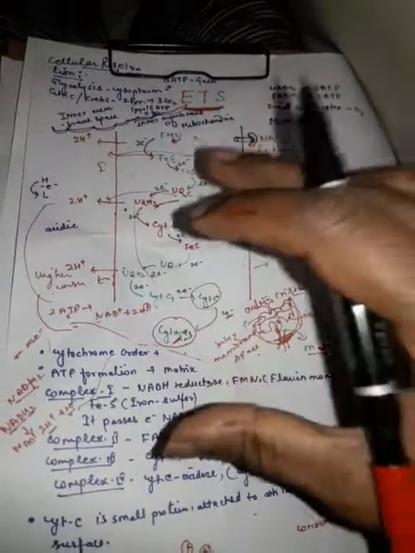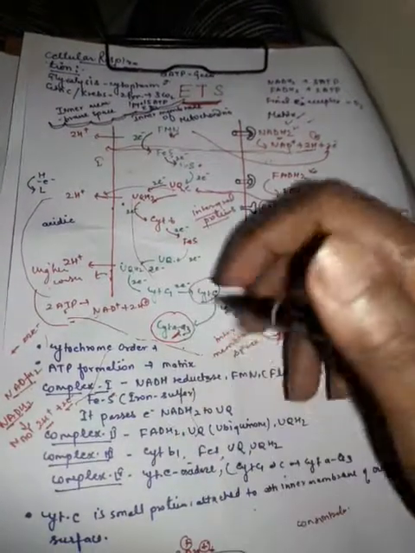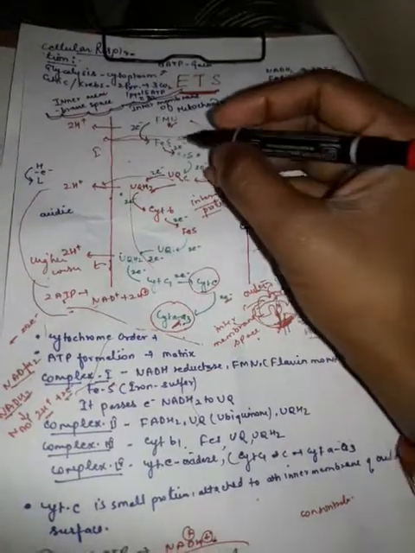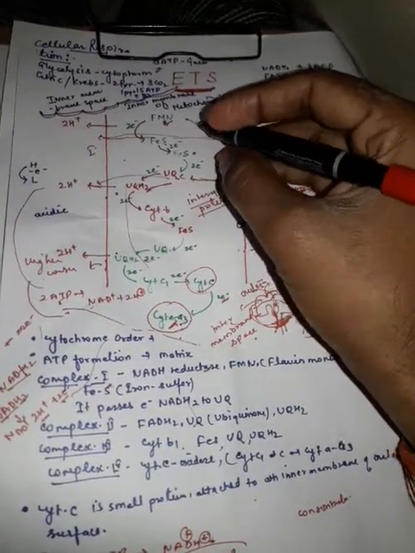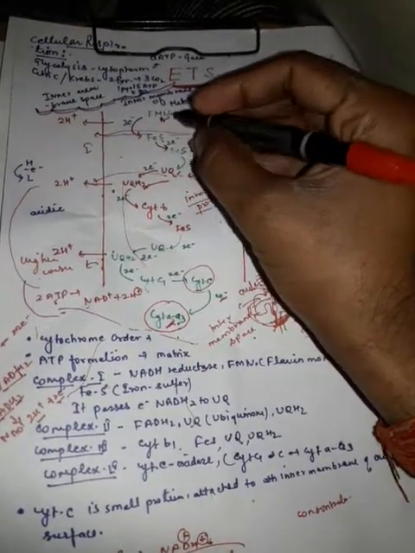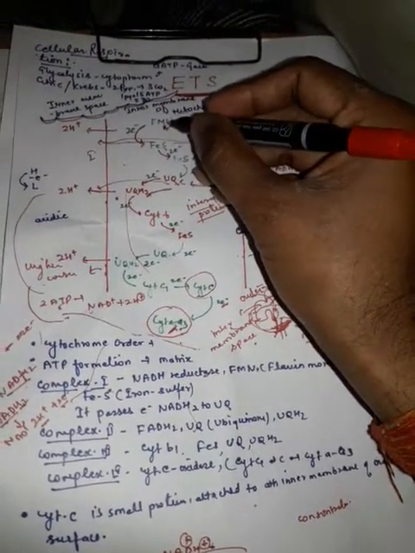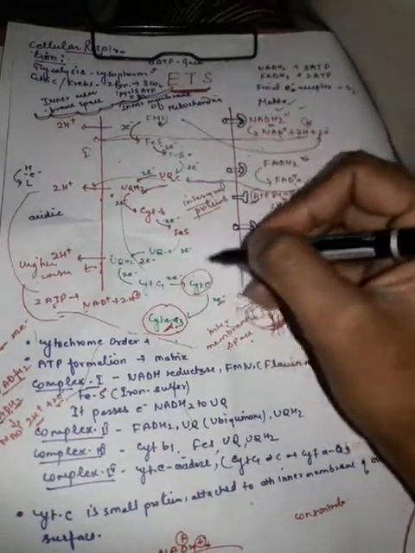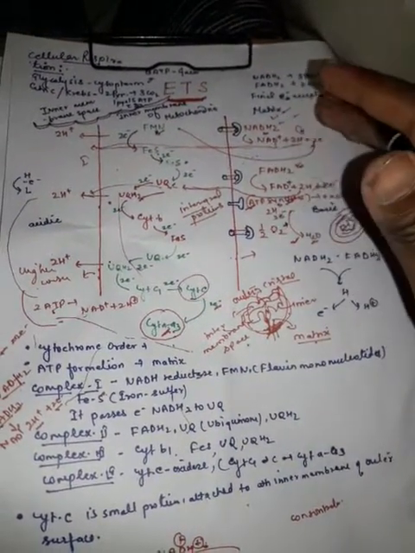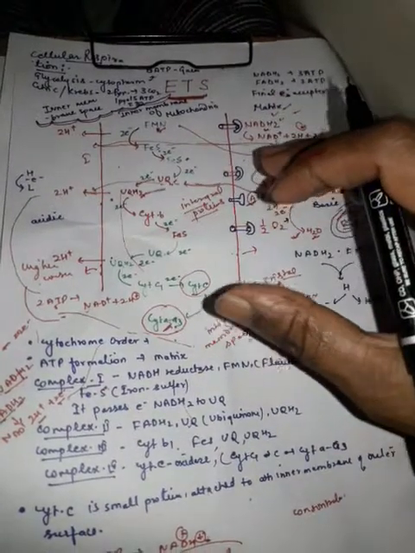So a simple question can be asked from this, like which will be the second complex, okay. And I think in the NEET exam a question will be asked about the sequence of this cycle, okay. So you should remember that, okay.